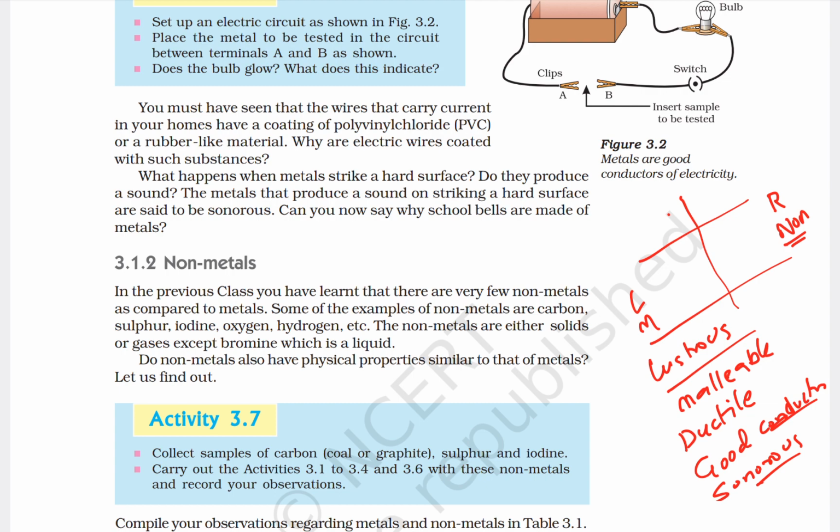So metals are generally shiny, malleable, ductile, and good conductors of heat and electricity. Whenever you observe any metal, try to classify the properties of that particular material, whether it is a metal or a non-metal. Thank you.